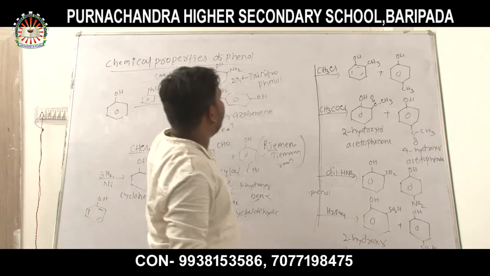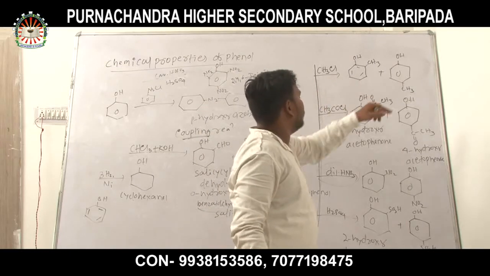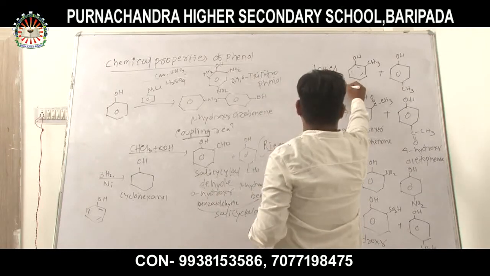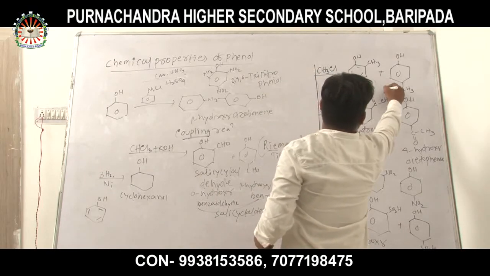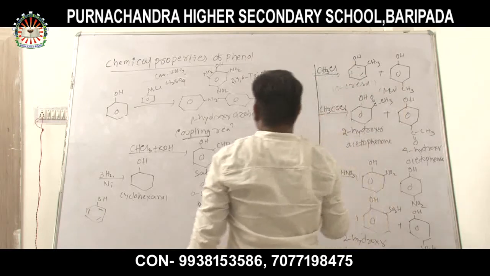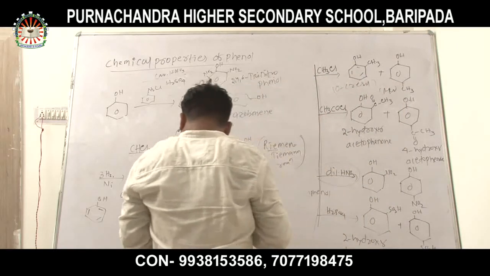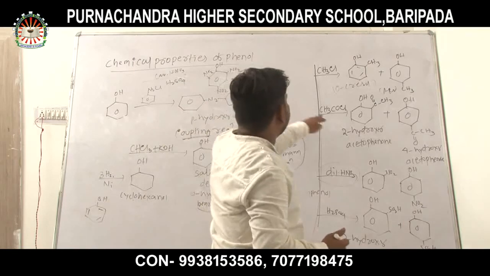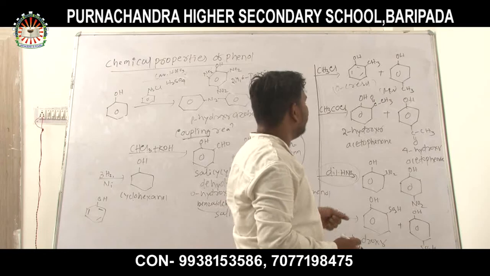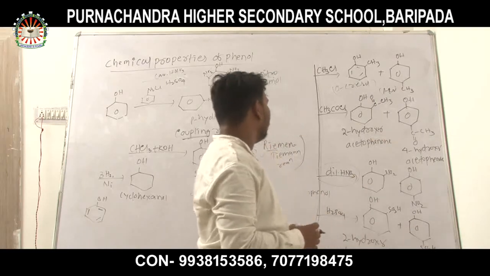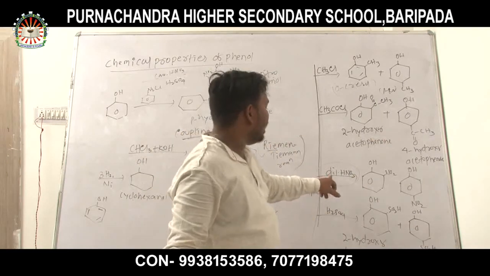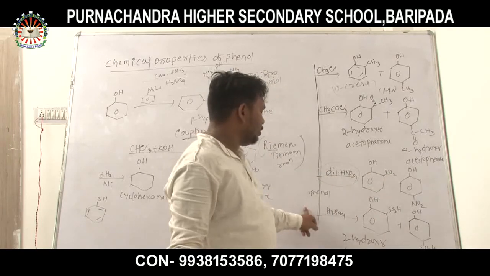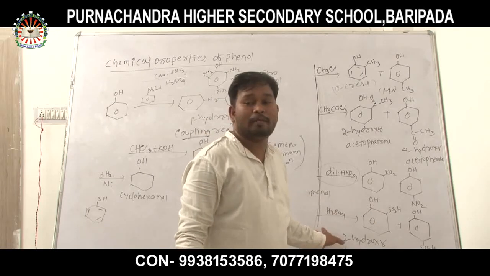Similarly, when phenol is treated with CH3Cl, two isomeric products are formed, ortho-cresol and para-cresol. With acetyl chloride, 2-hydroxyacetophenone and 4-hydroxyacetophenone are formed. With dilute HNO3 and with H2SO4, two isomeric products are formed.